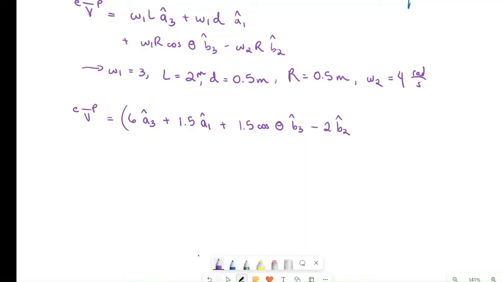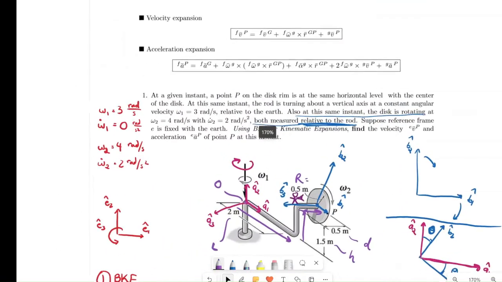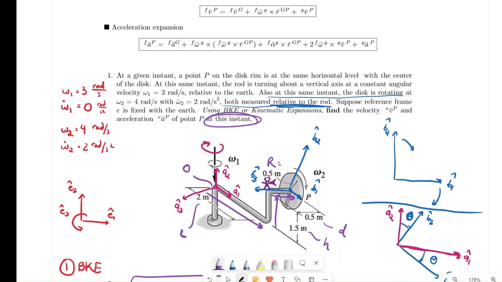And then these are all going to be in meters per second, right? Because radians technically don't have any dimension. And then we're like, oh no, what is going to be happening with the theta? Well, as it says in the problem, we have this at this instant. So that instant is when point P on the rim is at the same horizontal level with the center of the disk. So that means that the distance from the center to P is going to be parallel to the A1 hat because they're on the same level.